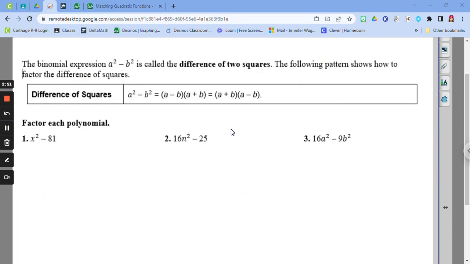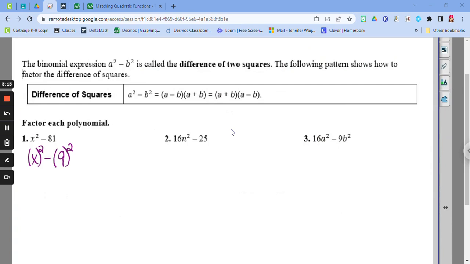So x squared minus 81. First of all, you want to look for these. There's only two terms to it. There's subtraction in the middle. And we have x squared minus 9 squared.